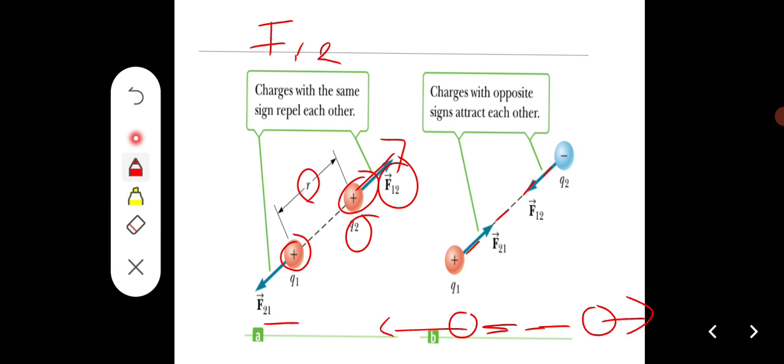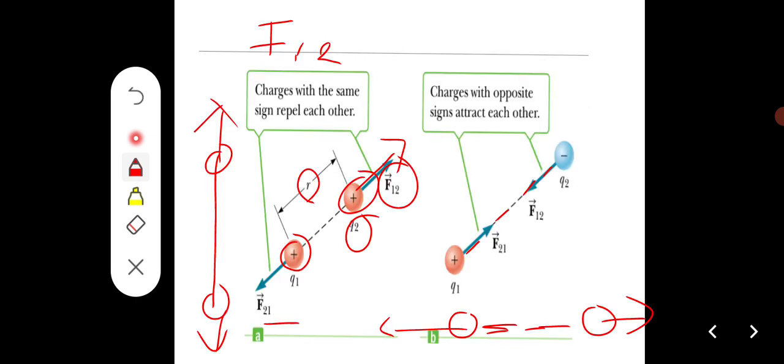If we had them vertically, the force could have pointed like this. Then if you have more than one charge, as we will see in our next lectures, you have to use vector analysis to solve for the resultant electric force.